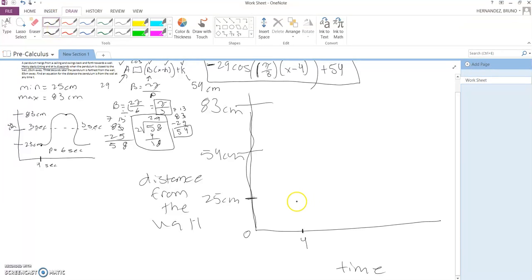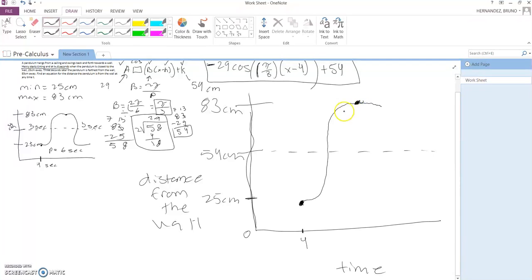Our starting point is right here. We are starting to go up, and we have hit our max.